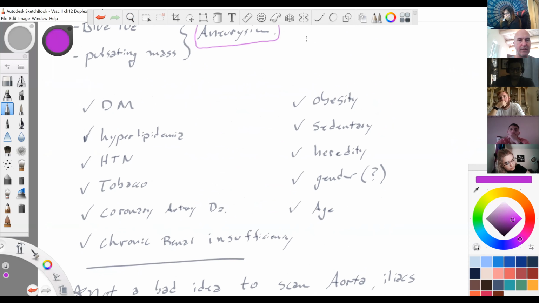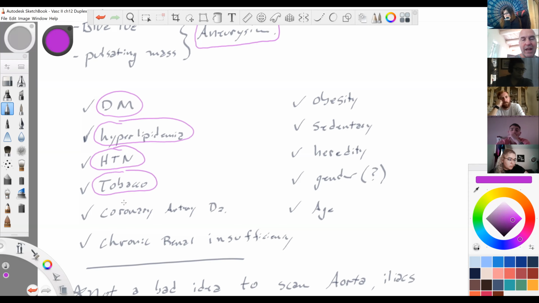Some of the risk factors: diabetes mellitus, hyperlipidemia, hypertension, tobacco use. If you have a history of coronary artery disease, unfortunately, it's probably not just the heart.